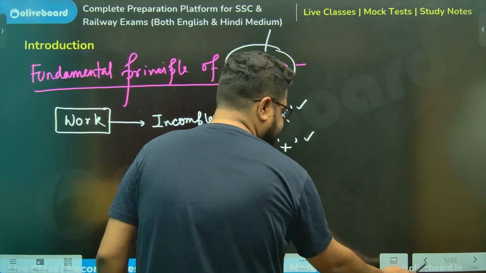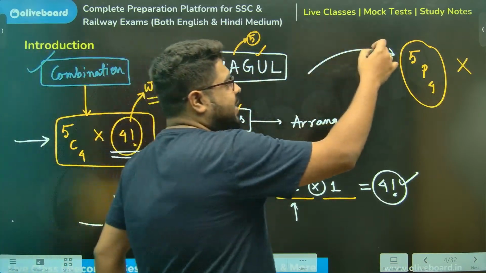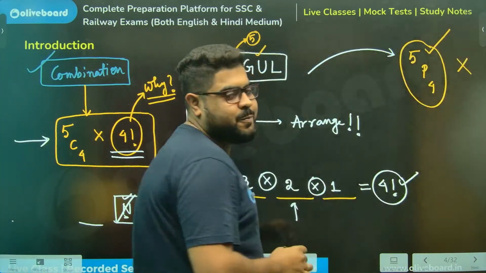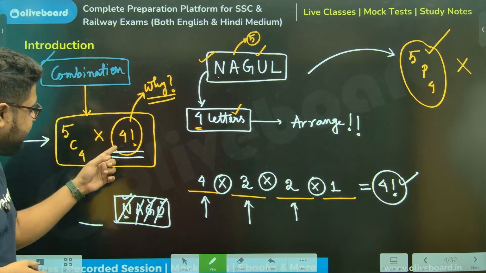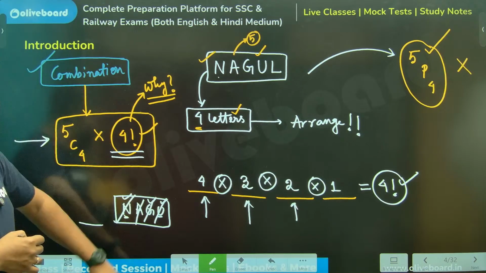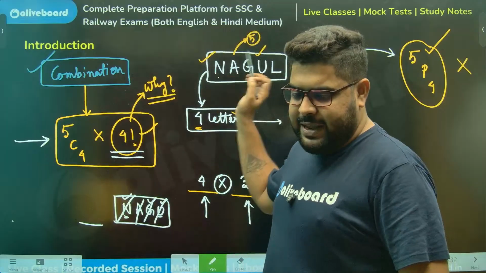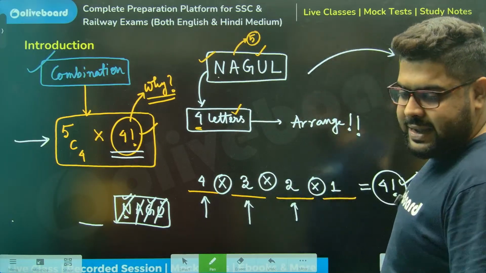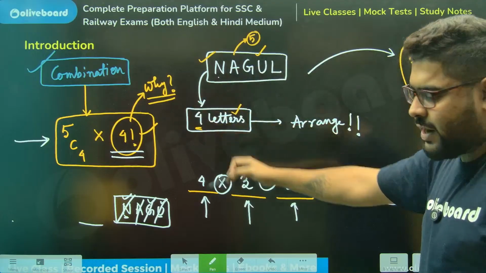अब थोड़ा पीछे चले आओ सर. Sir, I told you I would have required 5P4. Instead of doing that, what did I do? R factorial, 4 factorial into NCR. You see, we got the same thing. NPR is equal to NCR into R factorial.